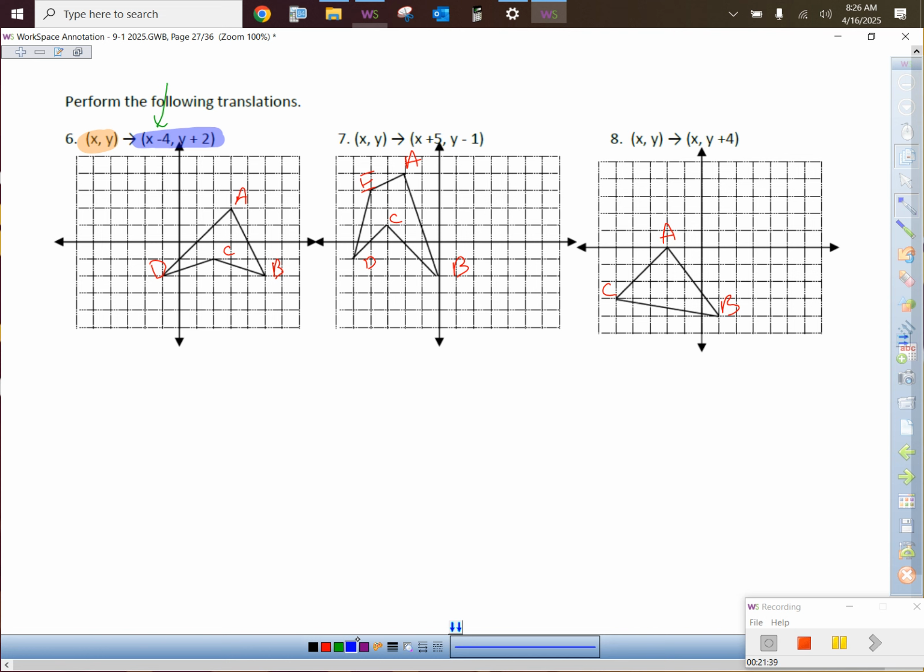I'm just going to start at A and go 4 left, 1, 2, 3, 4, and 2 up, 1, 2, and call that A prime. Just do that for every one of those guys. Move it 4 units left, 1, 2, 3, 4, and 2 up, 1, 2. And that would be B prime. 1, 2, 3, 4 units left, 2 units up, C prime. 1, 2, 3, 4 units left, and 2 units up, D prime.